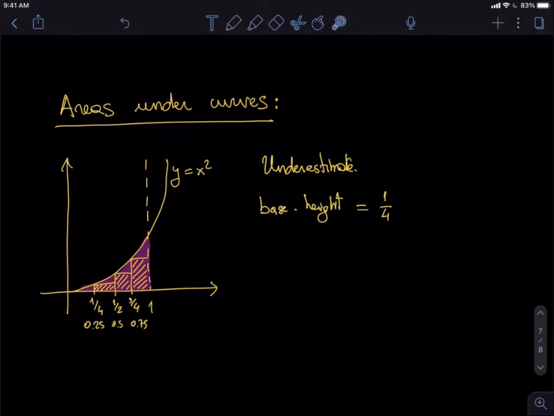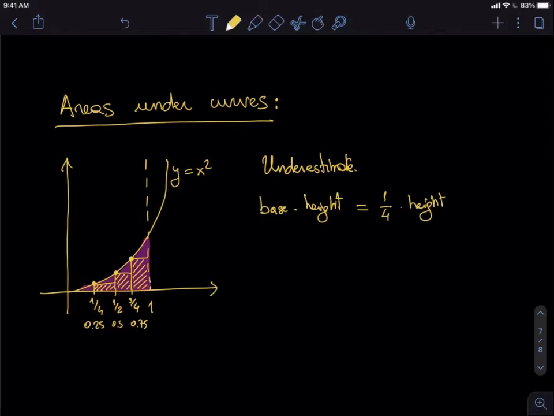So it's 1/2 minus 1/4. This distance here is 1/4, 1/4, 1/4. So it's 1/4 times the height. Okay, but the height is given by the value of the function at the sample points.